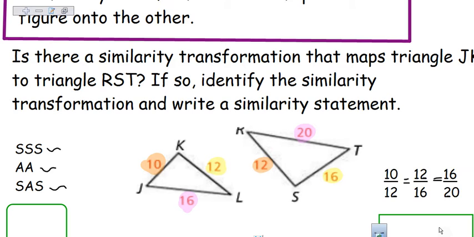I get 10 over 12, 12 over 16, 16 over 20. Checking to see if those fractions are equal, I'm getting 5 over 6 here. 5 does not go into 16 or 12, so no, this is not going to work. So this would be false. This one will not follow any of those similarity theorems, because none of the sides are proportionate.